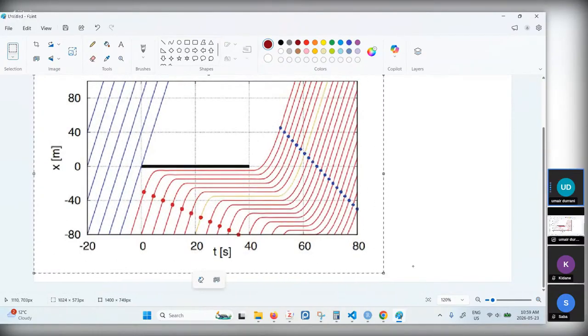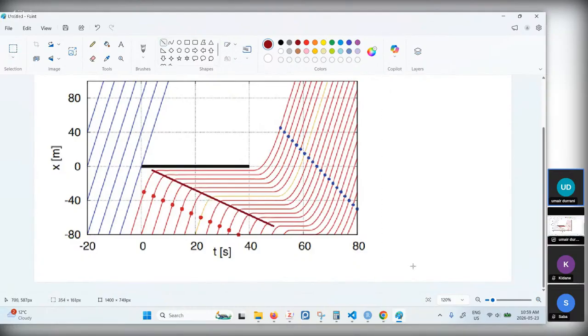In this case, I think propagation is happening like this. And so if we estimate the gradient of this line, that will tell us what is happening when we are going from free traffic to congestion.